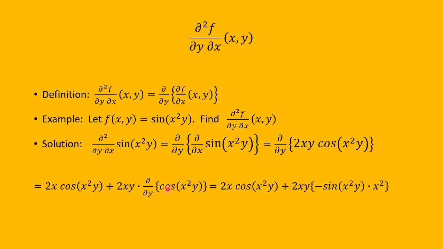So we differentiate this as we would differentiate the cosine of a constant times y. And so that's going to be minus sine of x squared y times the partial derivative with respect to y of this inside stuff, which is just x squared. This term can be algebraically simplified somewhat. I'll leave that to the viewer.